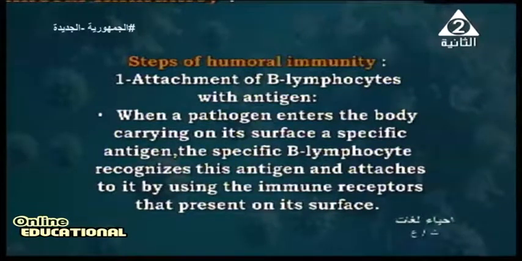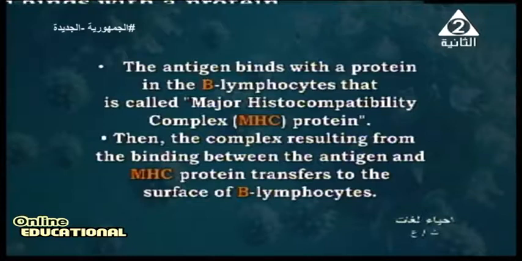When they attach to each other, what happens? The B lymphocyte can kill the antigen. The antigen binds with a protein in the B lymphocyte that is called major histocompatibility complex, known as MHC. This is the type of protein that, when the complex resulting from binding between antigen and the protein forms, transfers to the surface of the B lymphocyte.